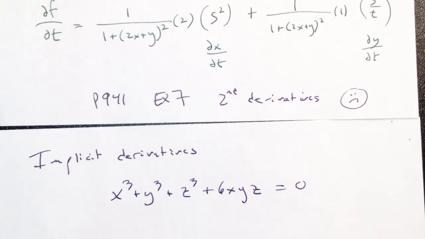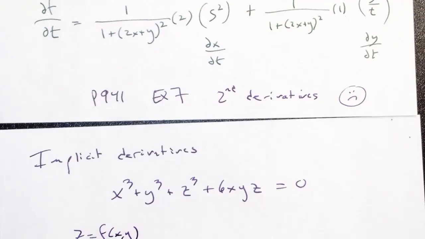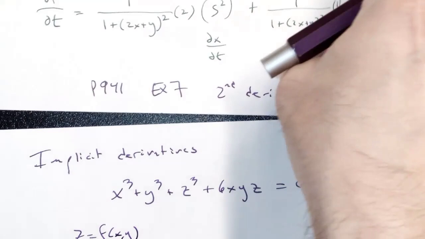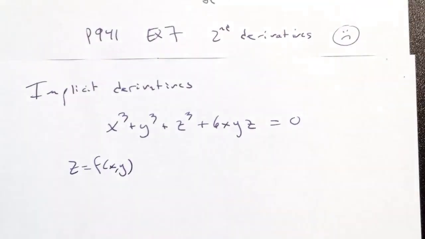And we talked about doing the derivative with respect to x and the derivative with respect to y and all of that junk. If I think of z as a function of x and y, then we can do what we did on Monday, and you just use the partial derivative. And remember that whenever you take a derivative of a z, you get this extra thing.